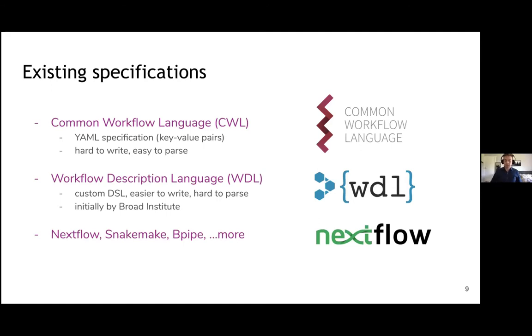It's a similar open standard. It uses a custom domain-specific language, which is much easier to write, but harder for a computer to parse. It was initially built by the Broad Institute for the Cromwell execution engine, though there are more engines available now. Some other common existing specifications include Nextflow, Snakemake, and Bpipe, all with large community support as well.